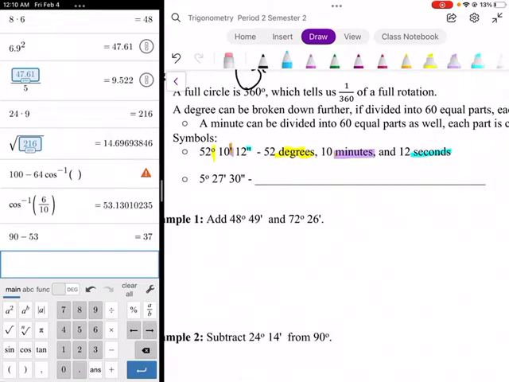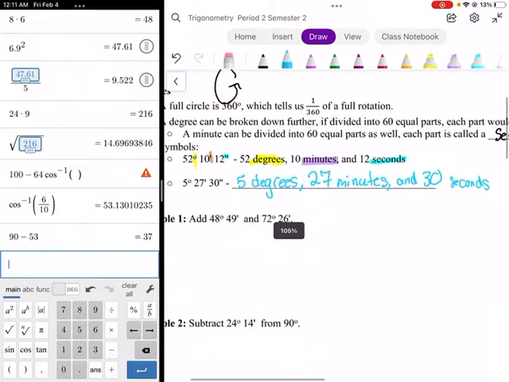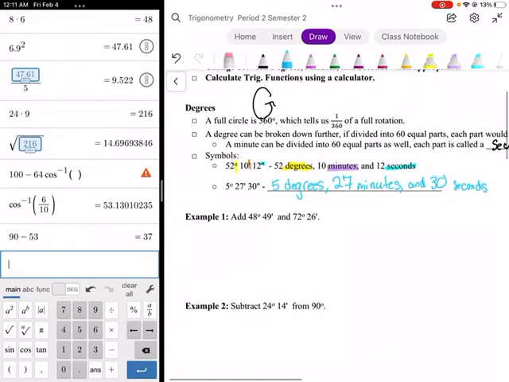So if we were to write this second one out in words, we would put 5 degrees, 27 minutes, and 30 seconds. So that's how you would say it out loud.